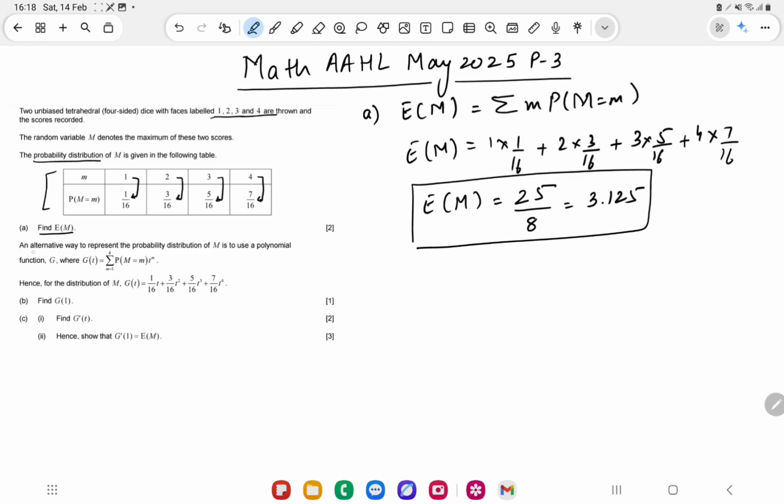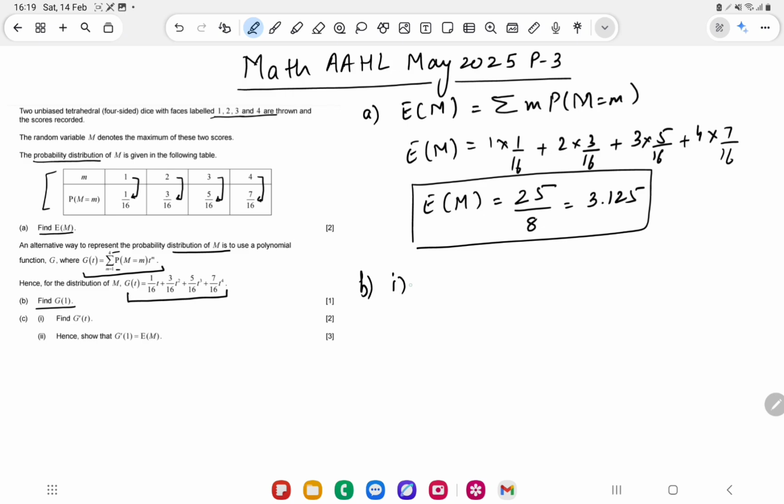Now, an alternative way to represent the probability distribution of M is by using a polynomial function as this. Because there are 4 values of M, that's why they have taken the powers from 1 to 4, and the distribution of M can be written as this. So we have to find G(1).